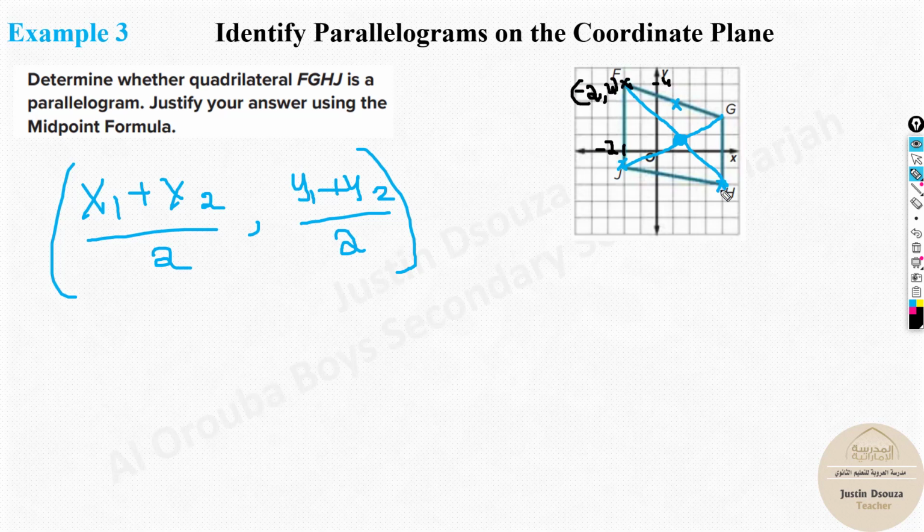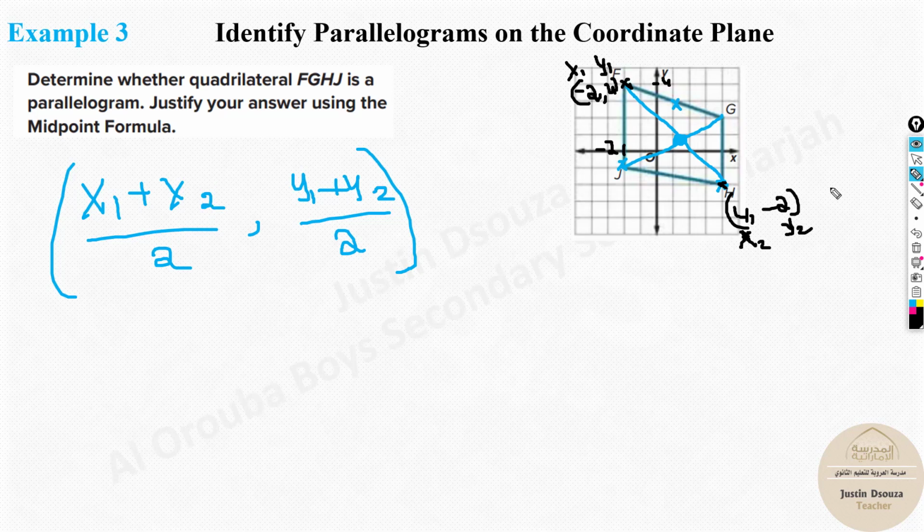Now, what is the other end of the diagonal, this point over here? What are the coordinates? 1, 2, 3, 4. X value is 4. Y value is -2. Always remember it's x comma y. Now I can take this as x1, y1, and this as x2, y2.